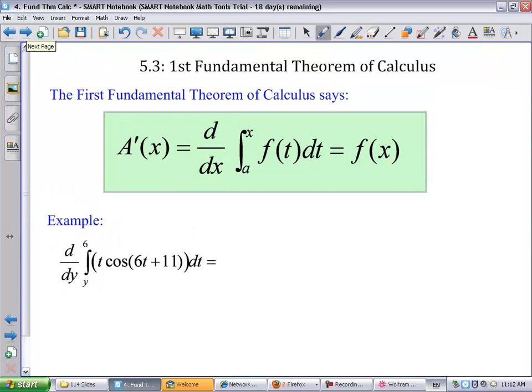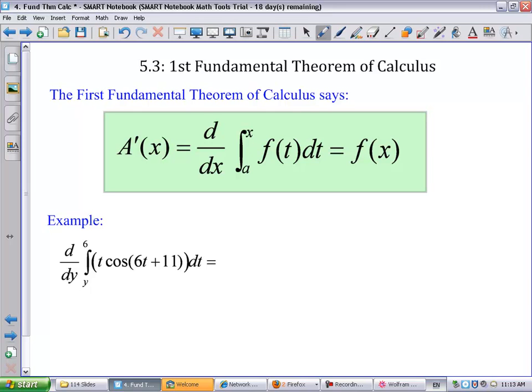All right, so let's try it again. It says the derivative in terms of y, from y to 6, of t cosine of 6t plus 11 dt. So can we just write the answer? Can we just replace the t's with y's? Close, but not quite. The fact that they're y's doesn't really matter.